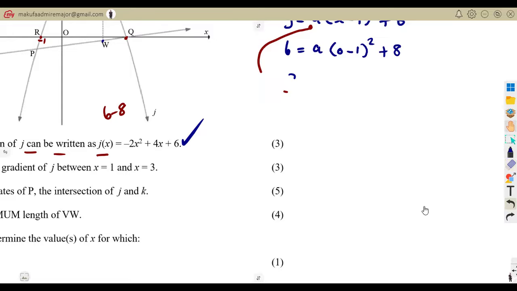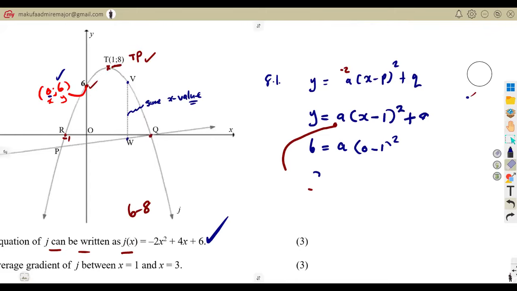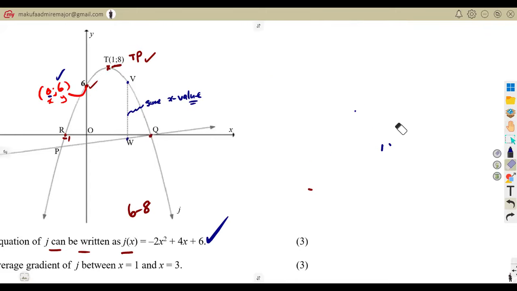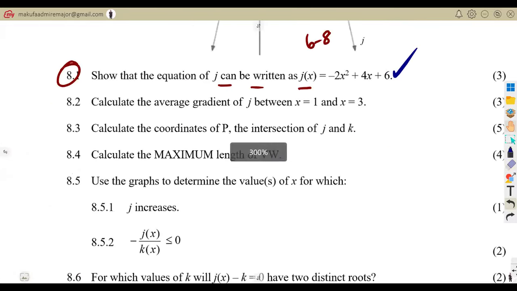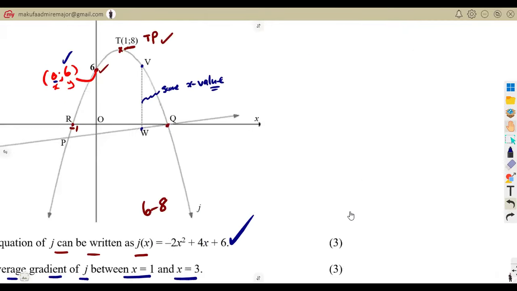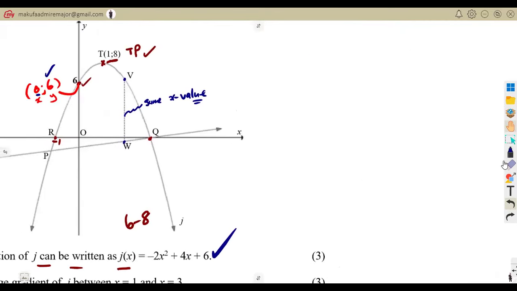So this is how our questions are sometimes given, and you just have to be very careful in your presentation. Then calculus is what? Substitute your values, guys. This is the average gradient of j between the x points, which is x is 1, and x is 3. On the function of j, remember, this is your j(x).